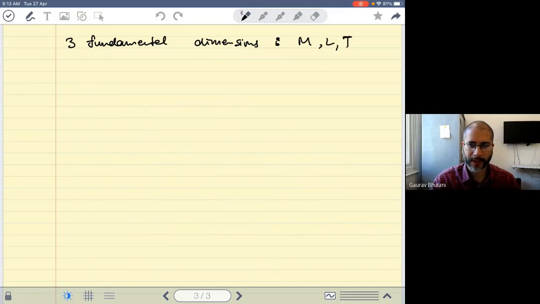There's no other fundamental dimension that is required to describe the quantities in the continuity and momentum equations. Similar to the previous exercise, since we have three fundamental dimensions, we need three reference dimensional variables.